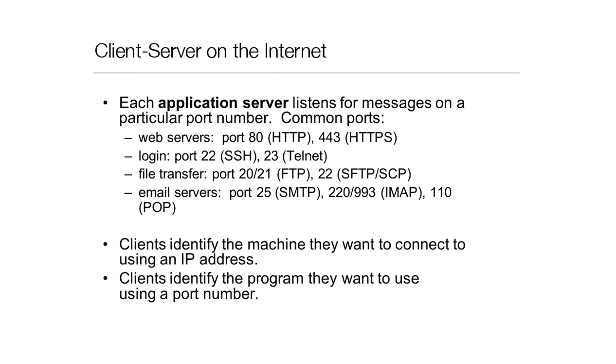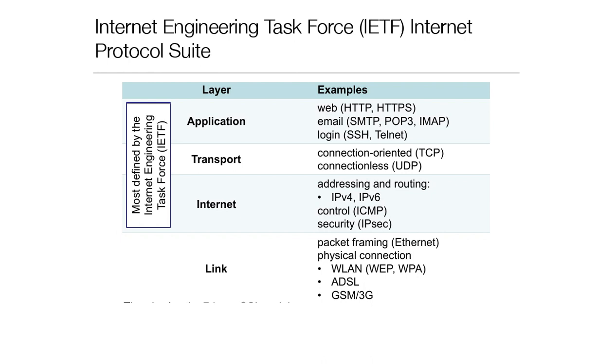So in the application layer, once the data is in a computer, the port number determines which application should get this data. That is happening in the application layer.